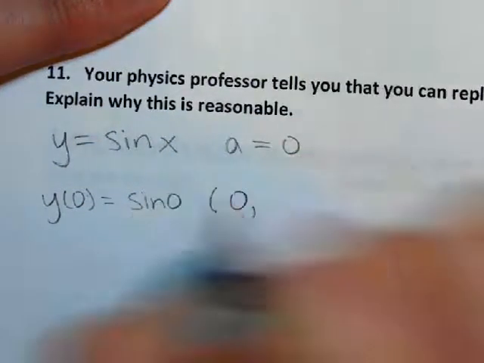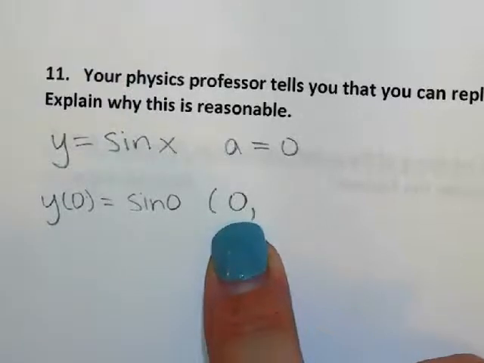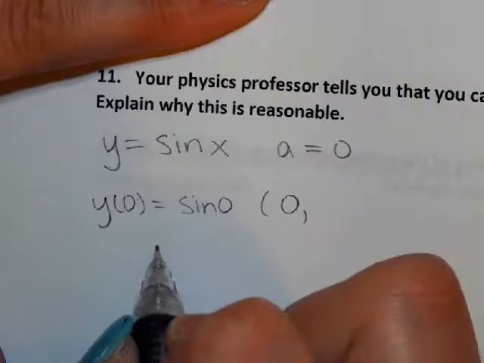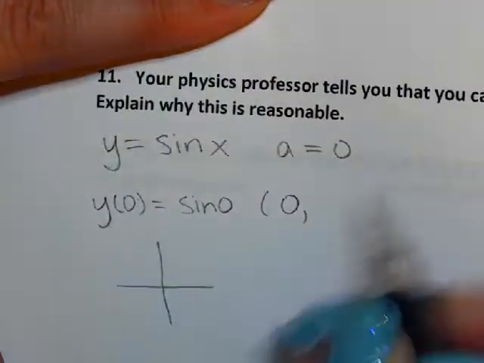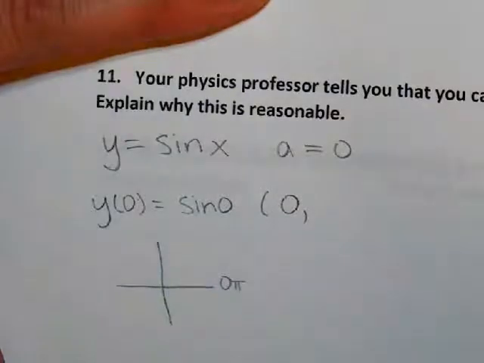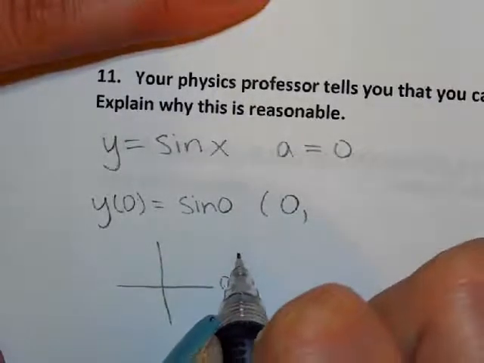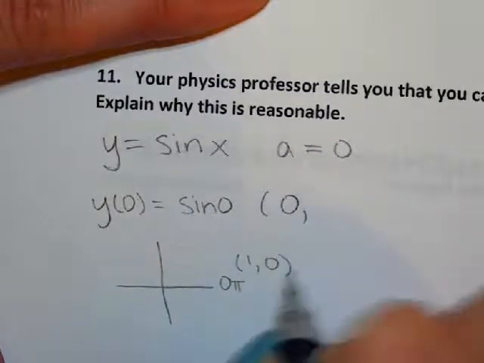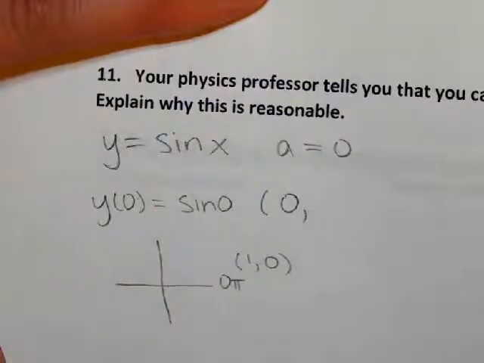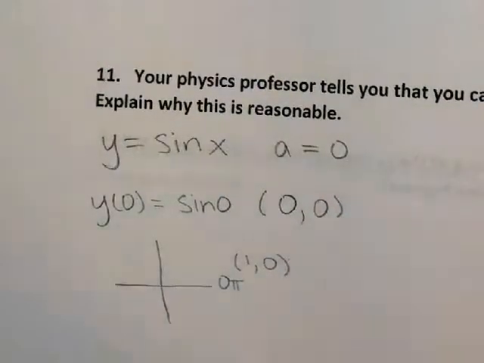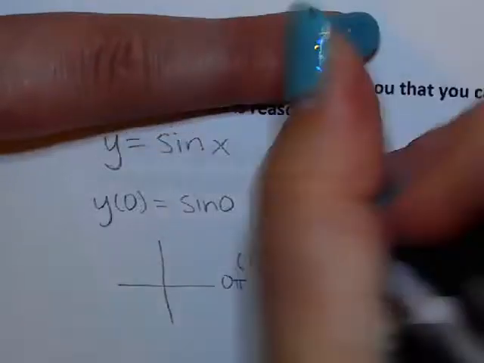I'm going to go ahead and draw a picture for those of us who were not going as quickly there with our brains. This is 0 pi radians. If we think about the x-coordinate and the y-coordinate, that's an x-coordinate of 0, a y-coordinate of 0. Sine is the y-coordinate, so that means the output is 0 as well. So if we're doing our tangent line approximation, we now have an x-coordinate of 0, we now have a y-coordinate of 0. Okay, everyone tracking so far?